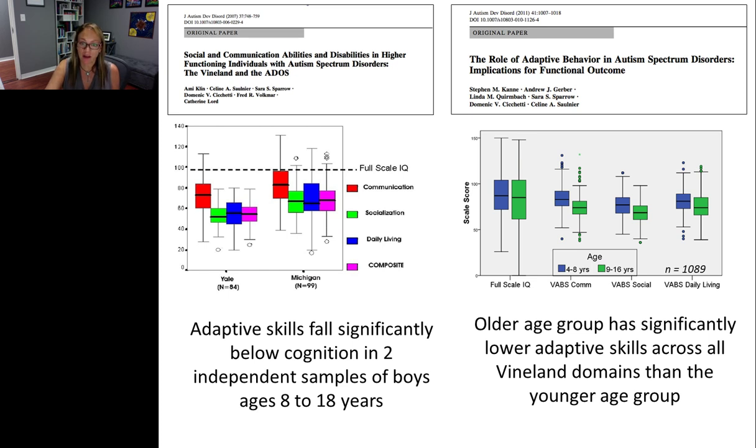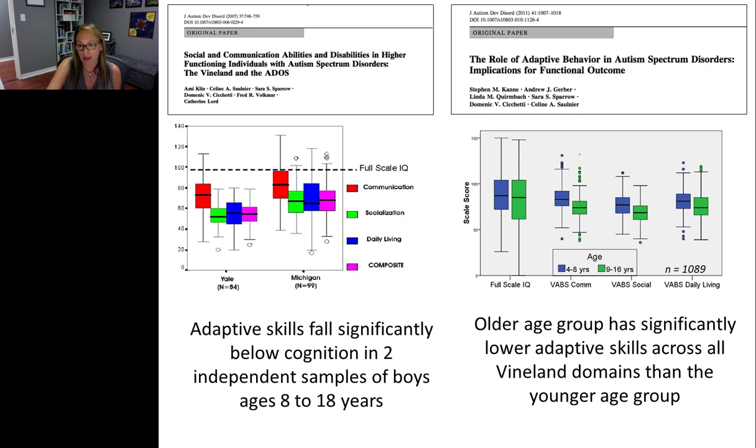So if you look at the blue boxes all the way to the left, the full scale IQ, the blue box is the younger age cohort, 4 to 8 years, and then the green box is the older age cohort, 9 to 16 years. And you see their full scale IQ is very similar. There's no significant difference there.